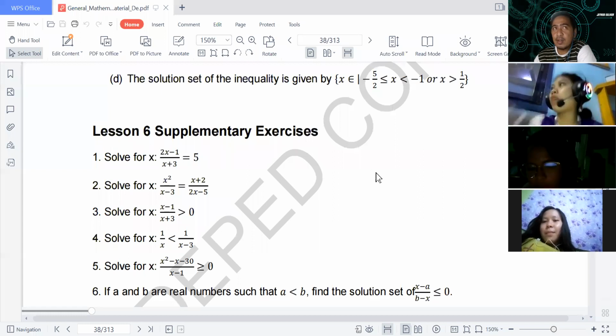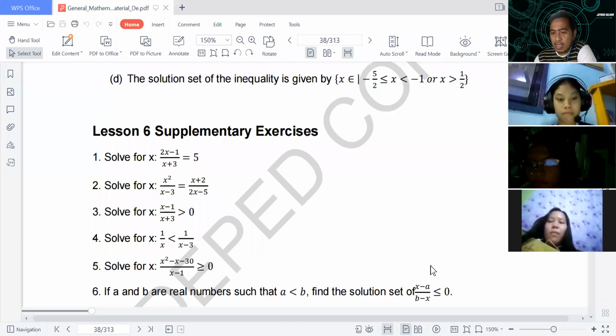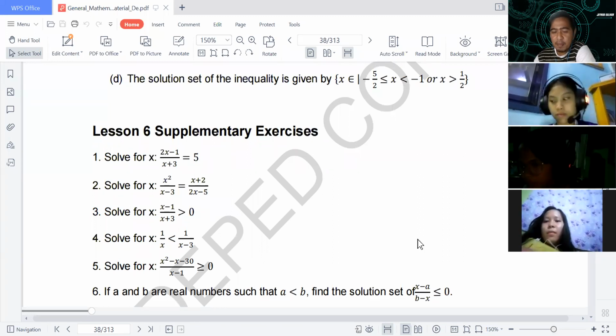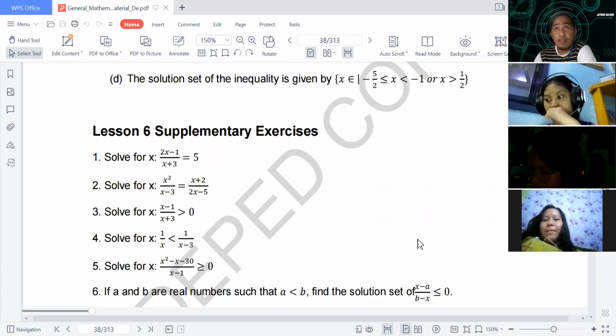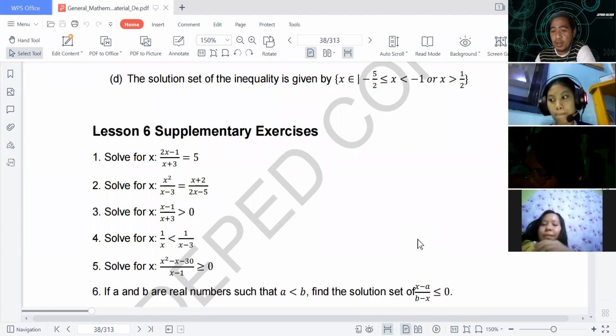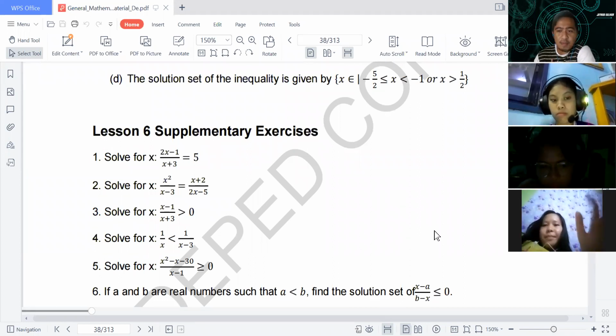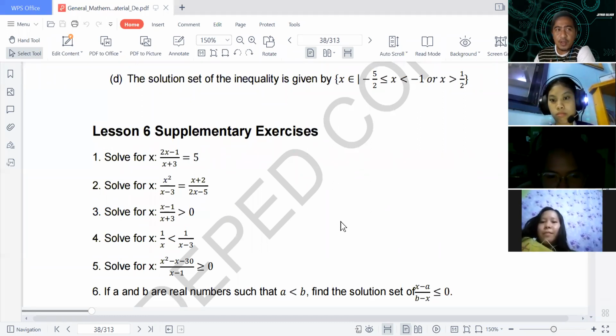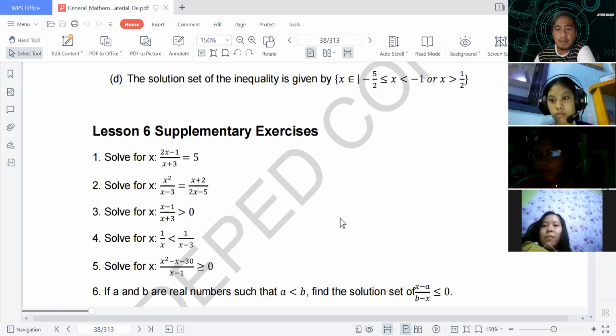So again, what is the first step? Find the LCD of the denominators, sir. Then rewrite the equation in a way that there is no denominator, by multiplying the LCD. Second step? After you remove the denominator of your equation, what should be the second step?